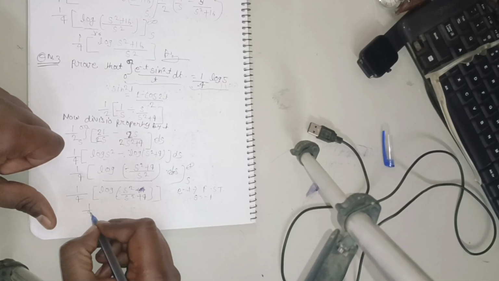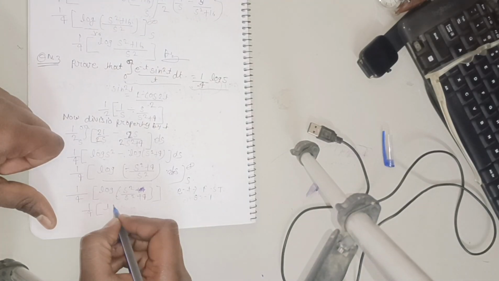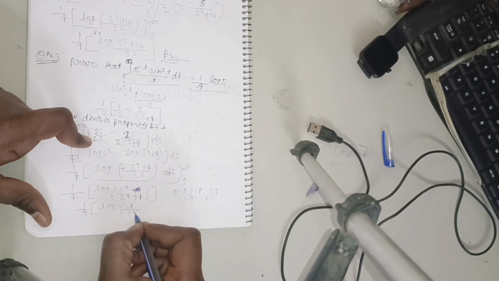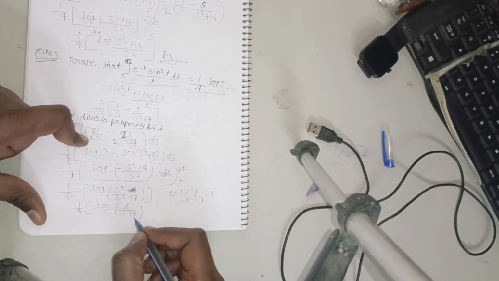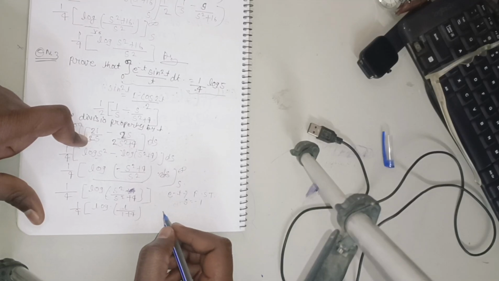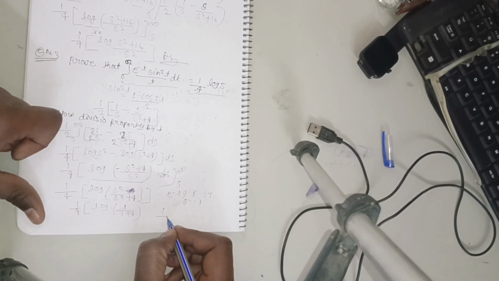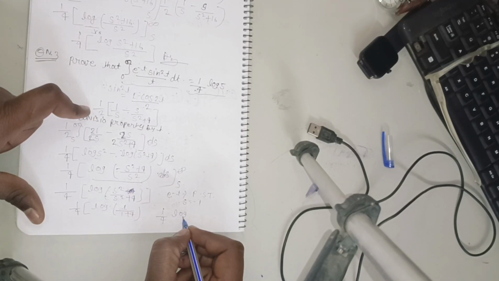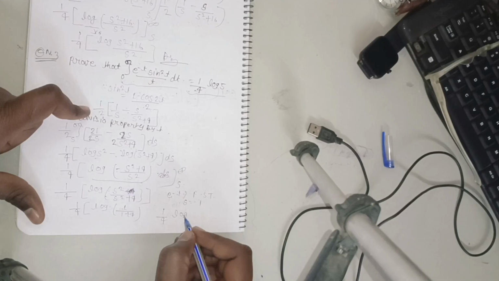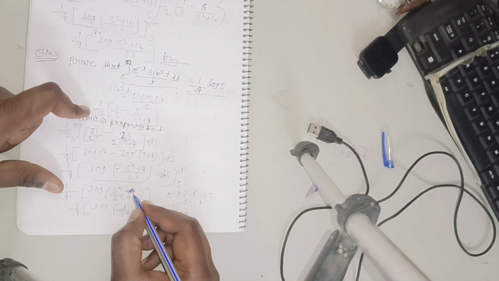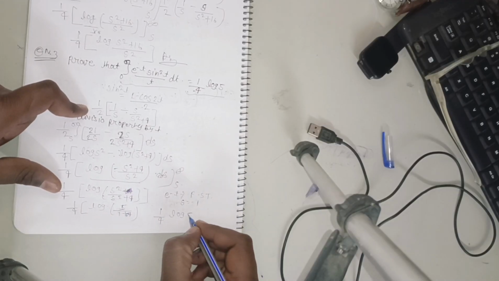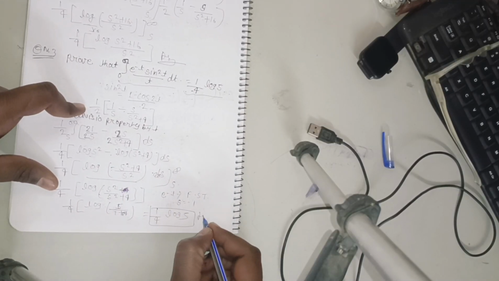So 1 upon 4 log of, minus 1 means 1 upon 1 plus 4. So 1 upon 5 log of 1 upon 5. So 1 upon 4 log of 5, right? No, we do not need to do this. So 1 upon 5, here it will be 1 only. So log of 5, as you can see we have proved it, hence proved.